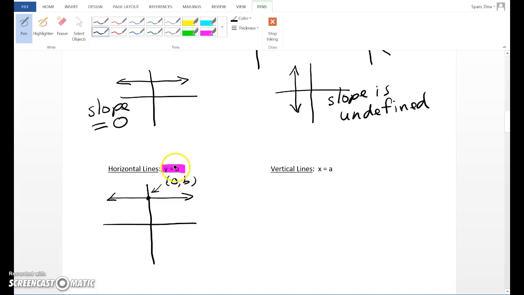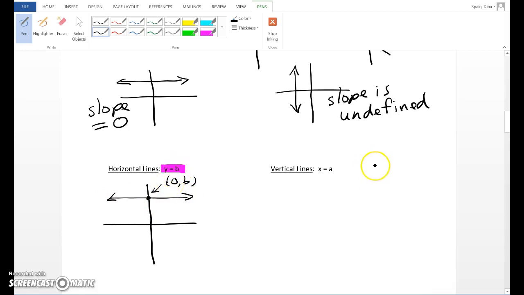So whatever that number is, that y equals, find it on your y-axis. You can either put a point there or not, doesn't matter. But make sure you draw a straight horizontal line through there. You don't have to label that point if you don't want to. This is just y equals whatever that number b is.